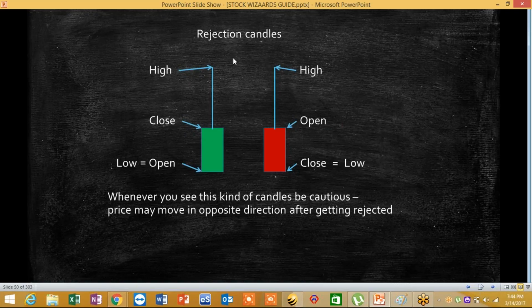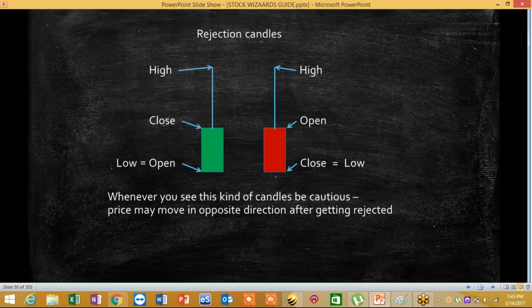As soon as you have a position and we see this type of candle, if you are long, we will put a stop loss below the low of this candle. And if it hits next time, then you are out of the position.